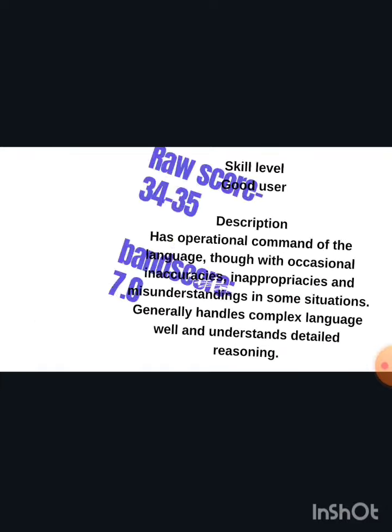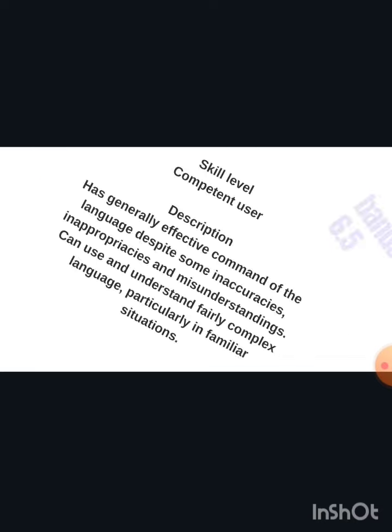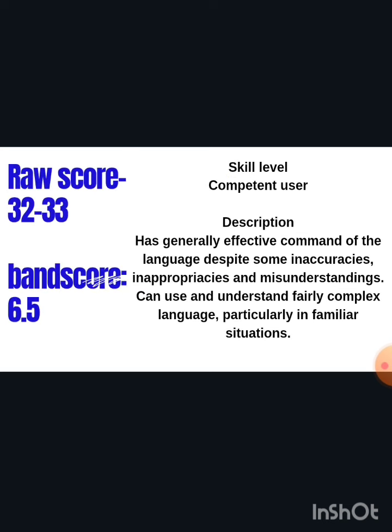A raw score of 34 to 35 means that you get a band score 7.0, and a raw score of 32 to 33 means that you got a band score 6.5, which is also fair enough.